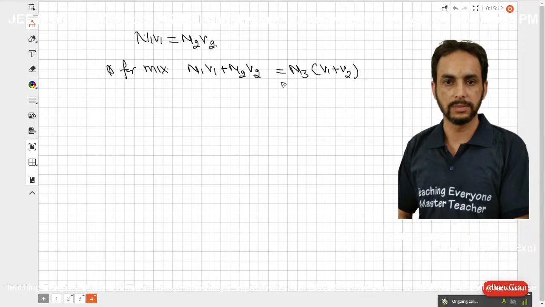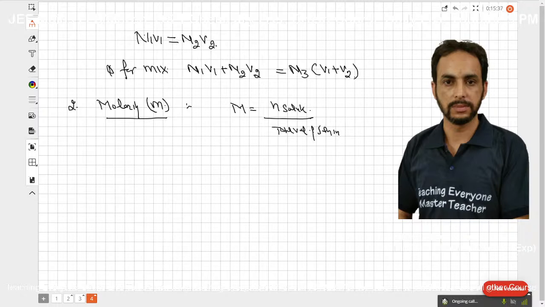Now next one is, the third method of expressing concentration we have is molarity, capital M, and molarity is equal to number of moles of solute divided by total volume of solution in ml multiplied by 1000.